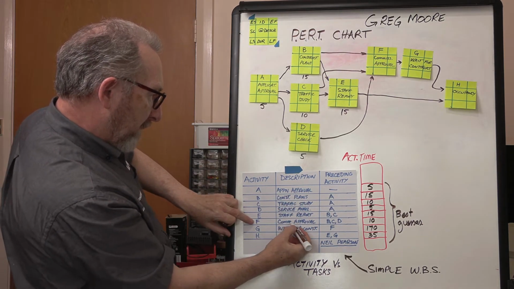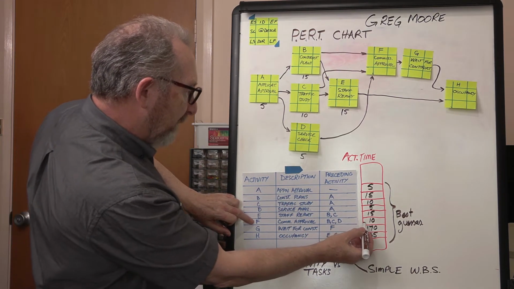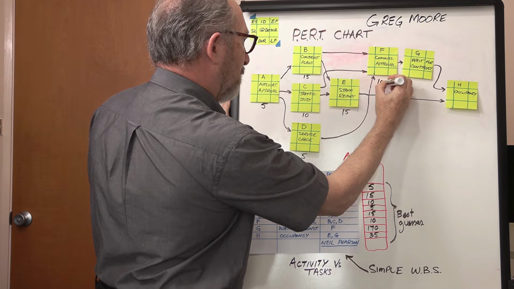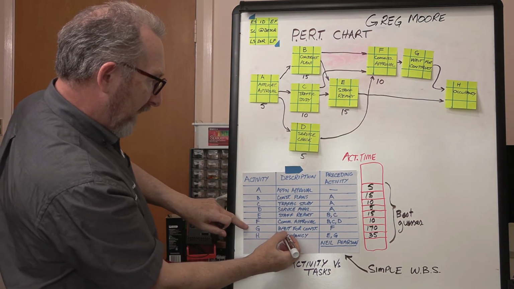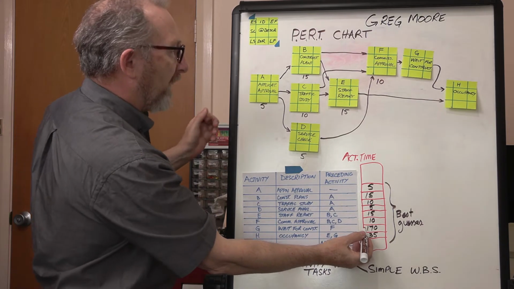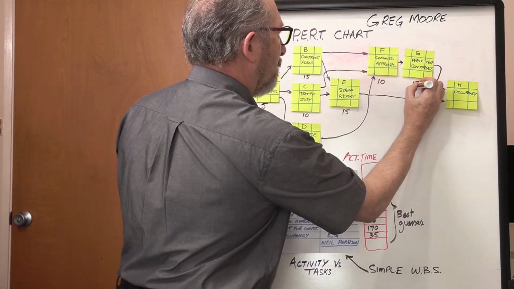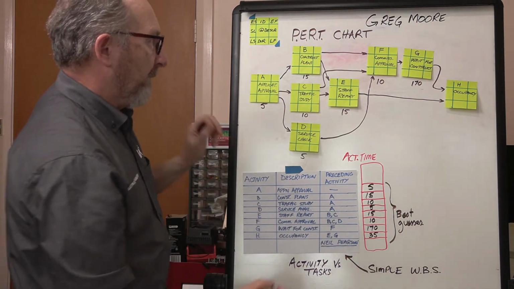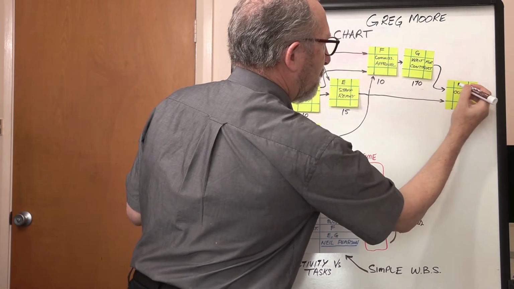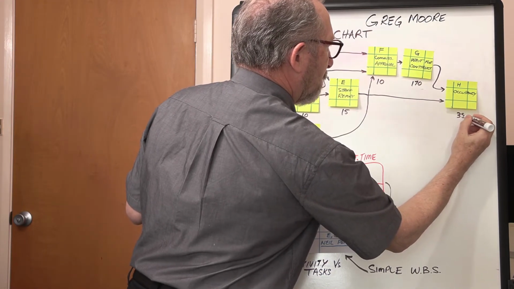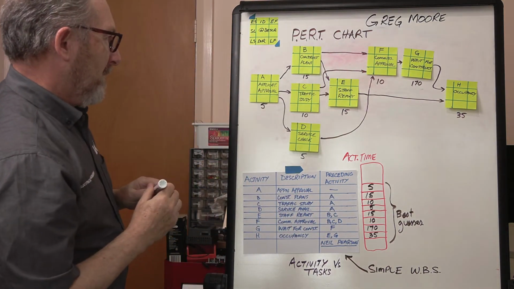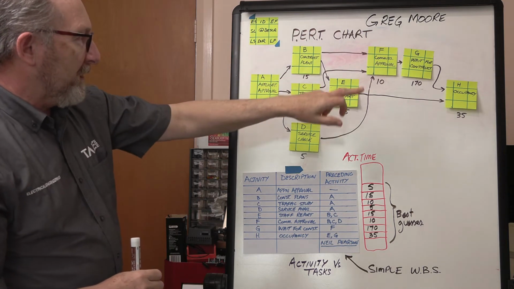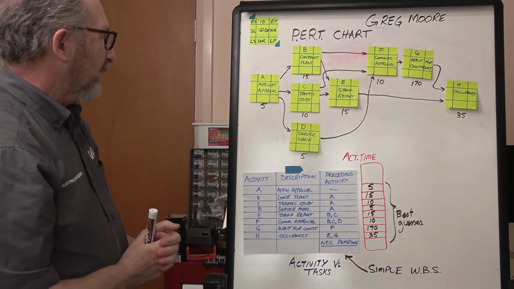F, the approval, we have a duration of 10. G, waiting for construction, that's a big one, 170. And occupancy, 35. I think that does it. Okay, all of the durations are now attached to each sticky note.